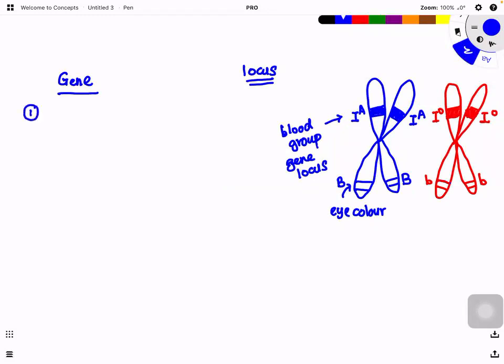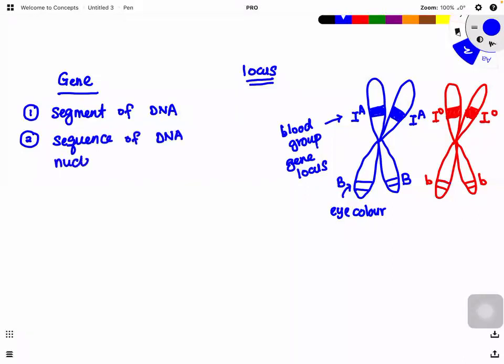They are a part or segment of DNA, a segment of DNA that consists of a sequence of DNA nucleotides, and their function is that they code for a specific polypeptide.